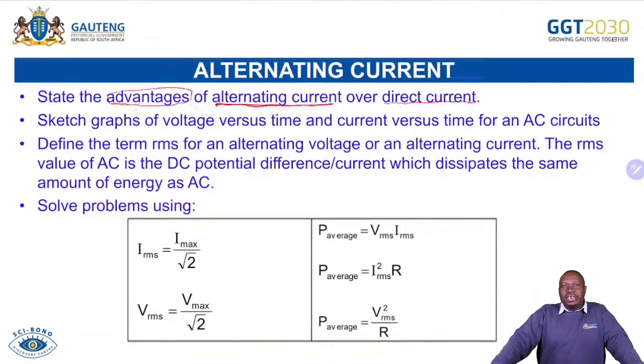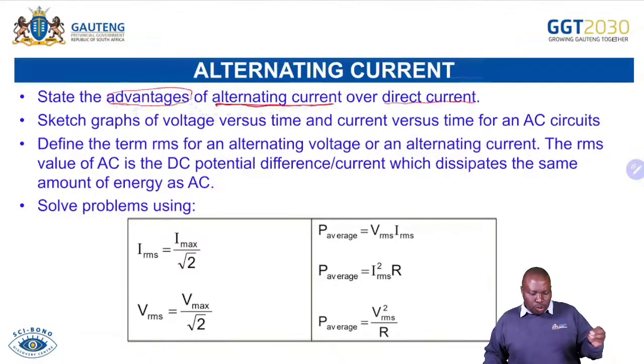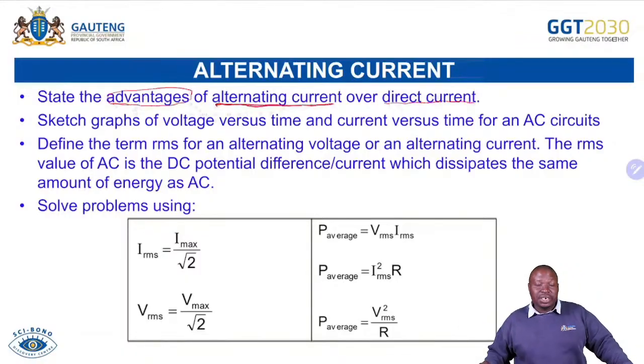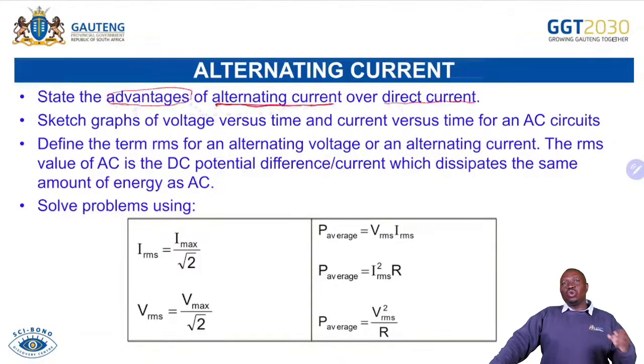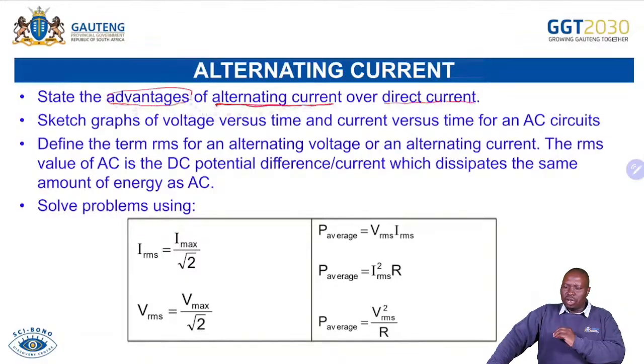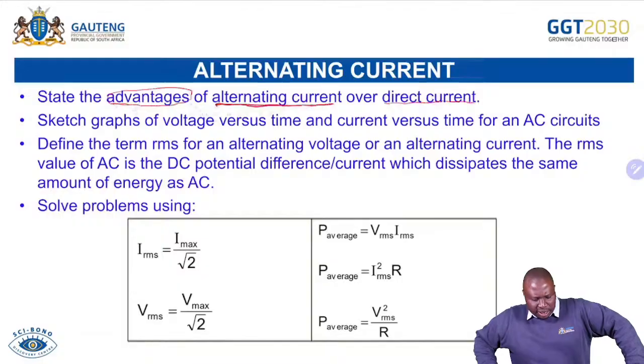What are the advantages of using AC? You will understand that here in South Africa, we use AC current. AC is the electricity that is being transported and transmitted to your home. We are using alternating current. So we're going to look at the advantages of using this alternating current.